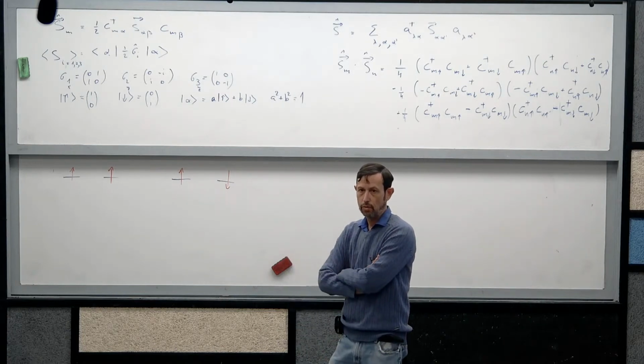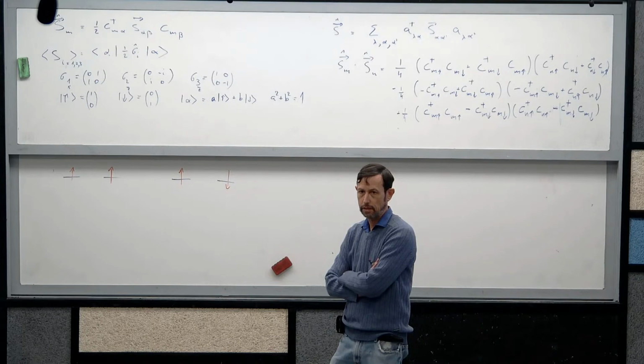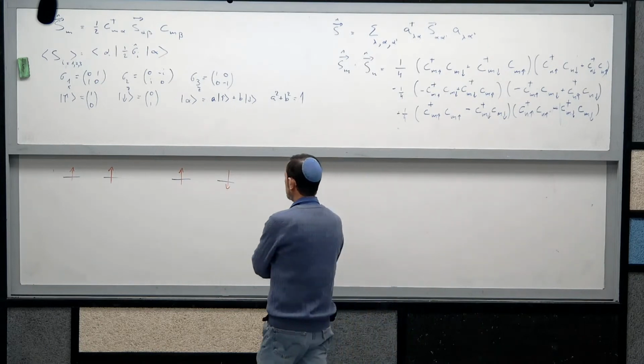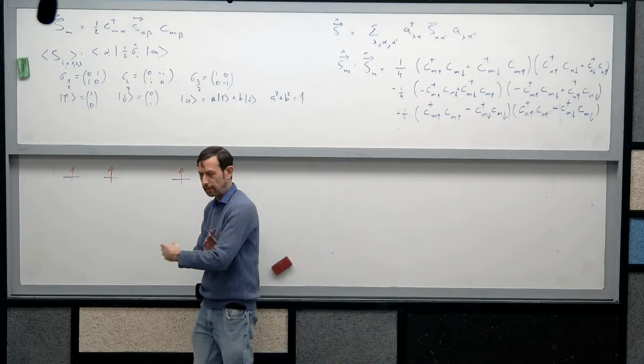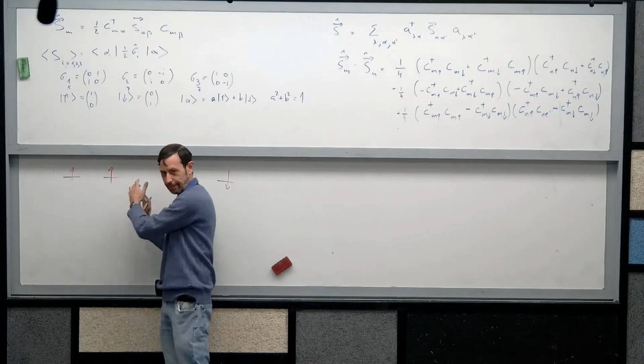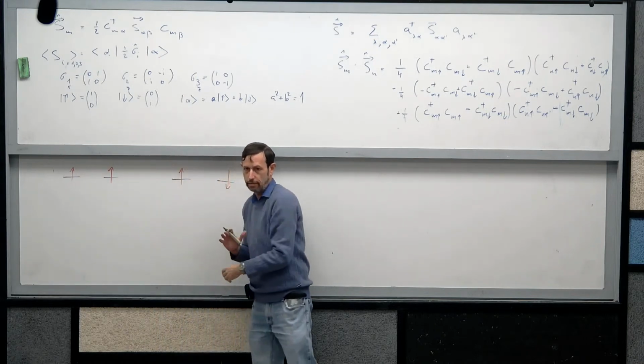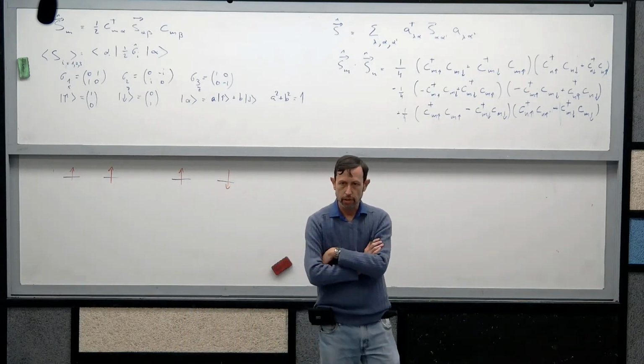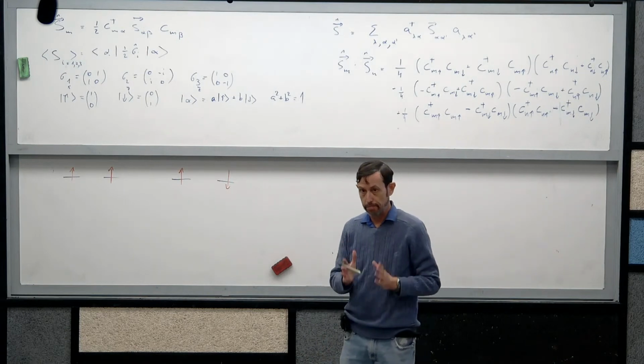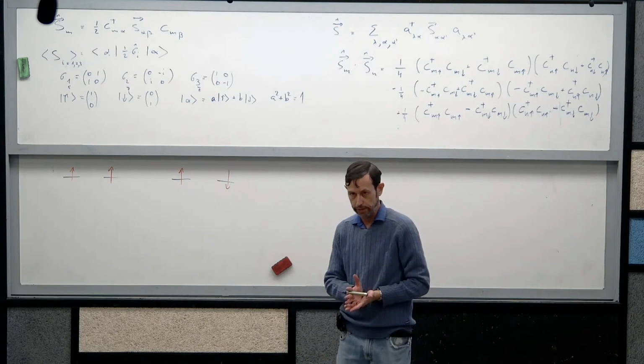Okay, so basically you would look at it and say, who cares? This is sitting here and this is sitting here, and they don't speak with each other. I didn't put in explicitly a magnetic interaction, right?